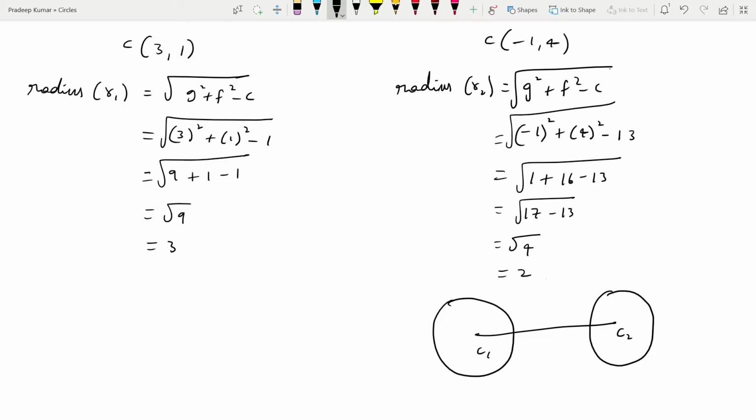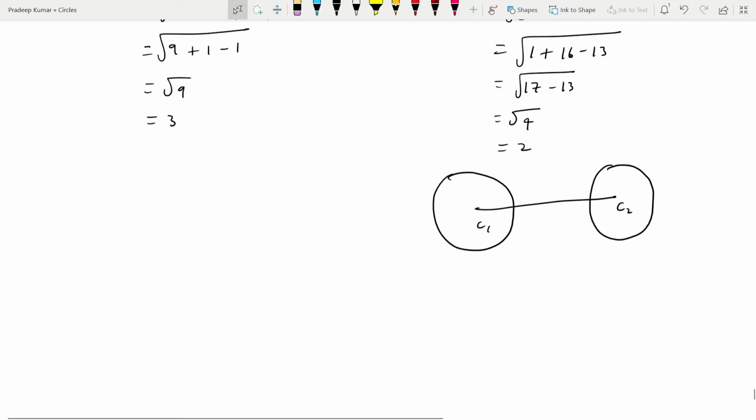For that we'll be using the distance between 2 points formula. So I can write here the distance between 2 points.